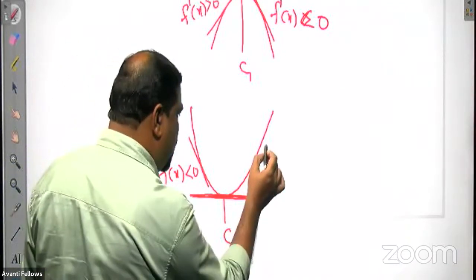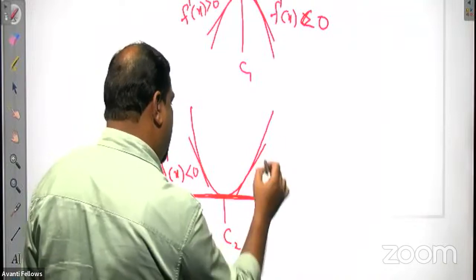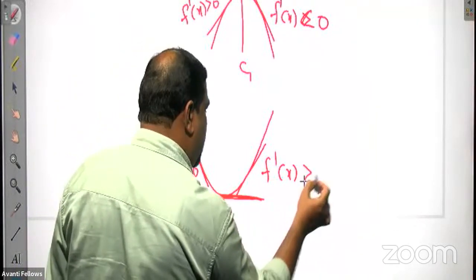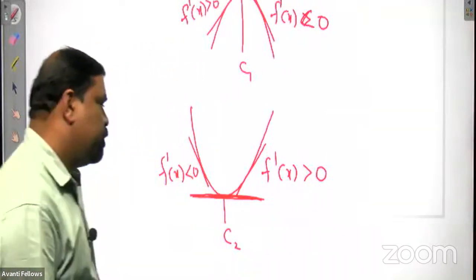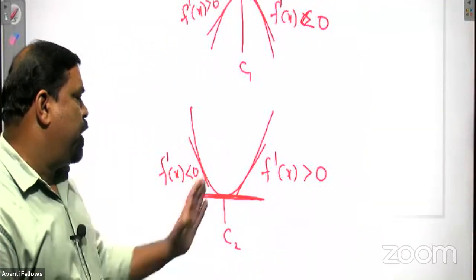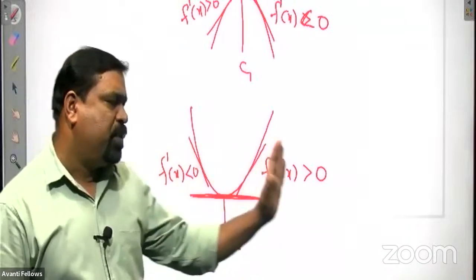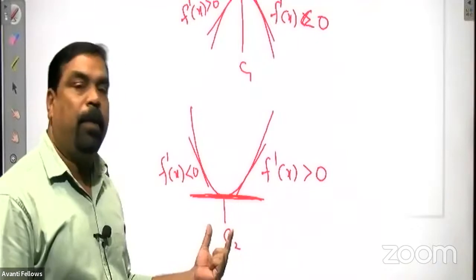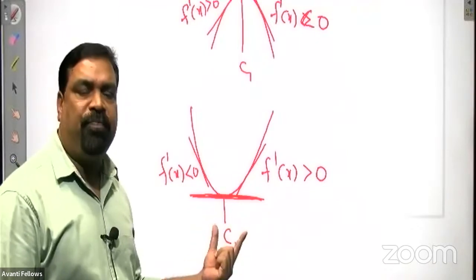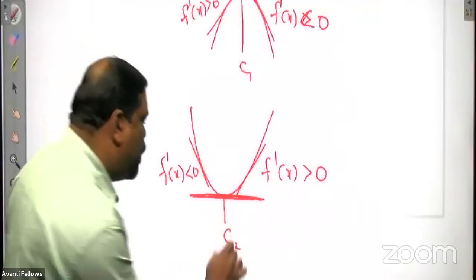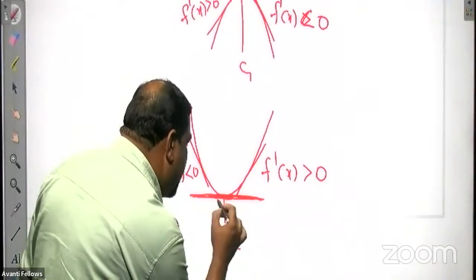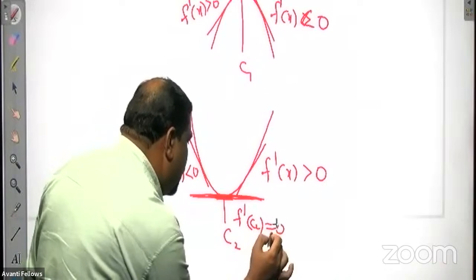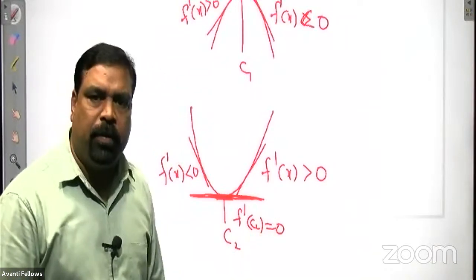And to the right side of that point, the function is of increasing nature, that means the derivative must be positive. So the derivative on the left side is negative and on the right side is positive. That means the point C2 is a point of local minimum, a local minima. And at this particular point C2, the derivative must be 0 also, if it is a differentiable function.